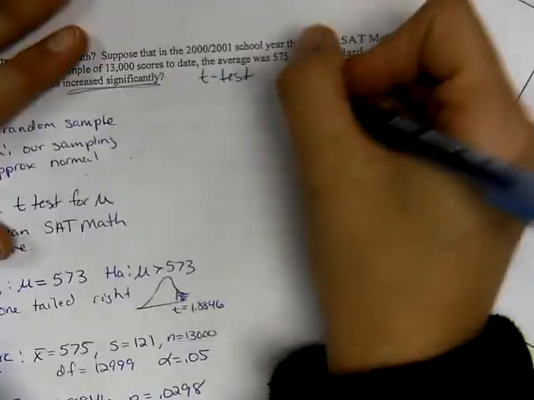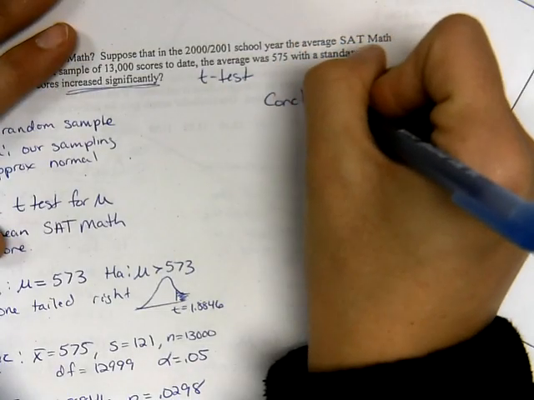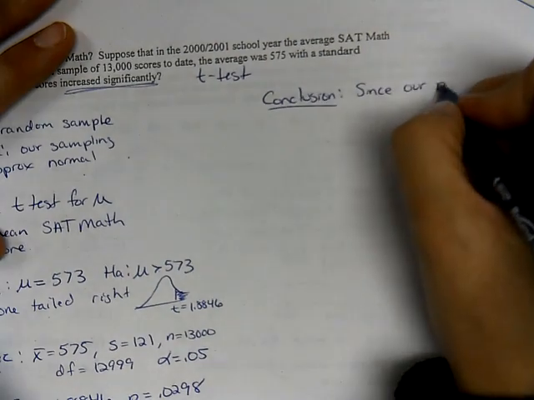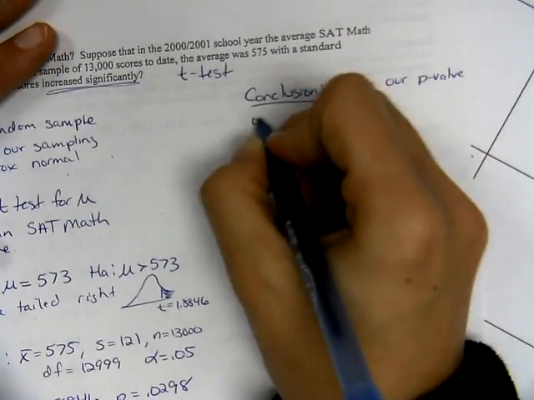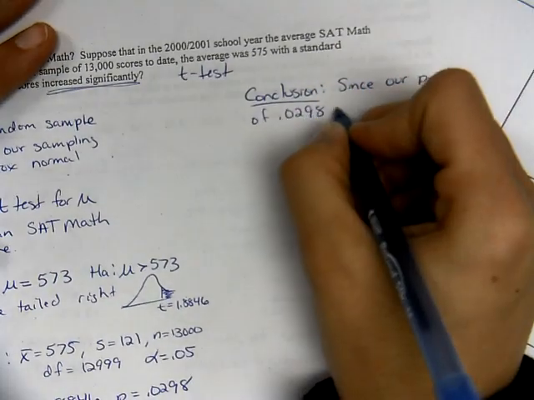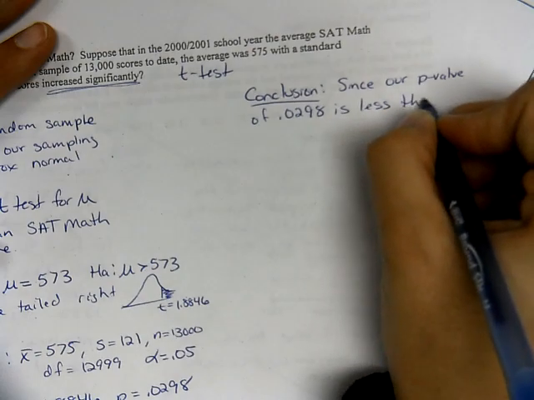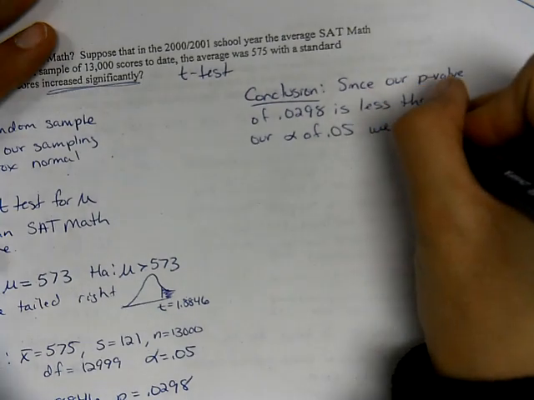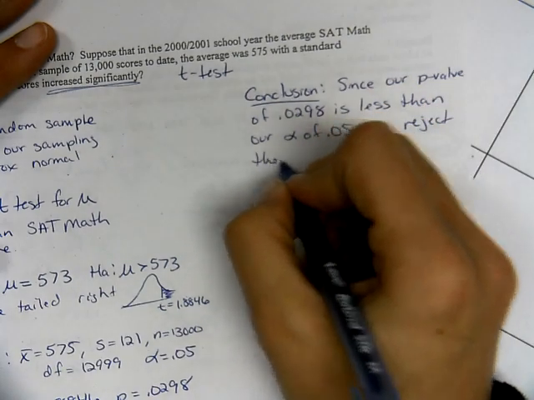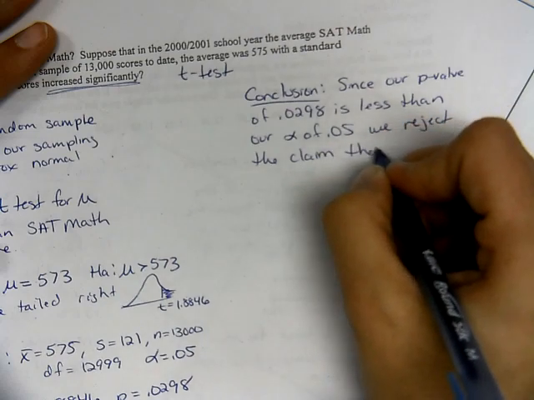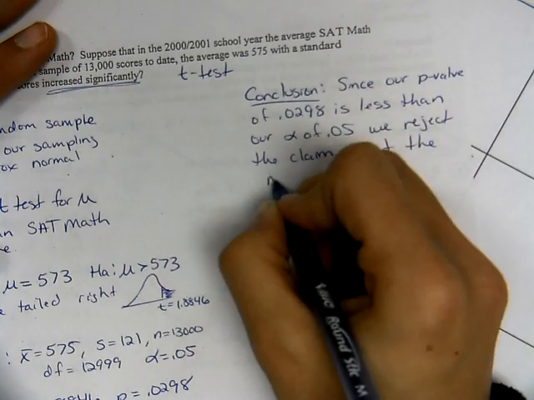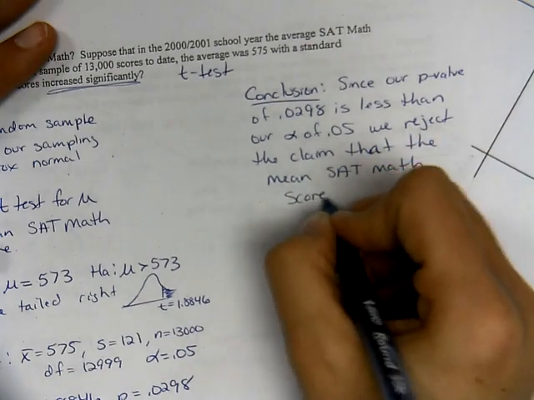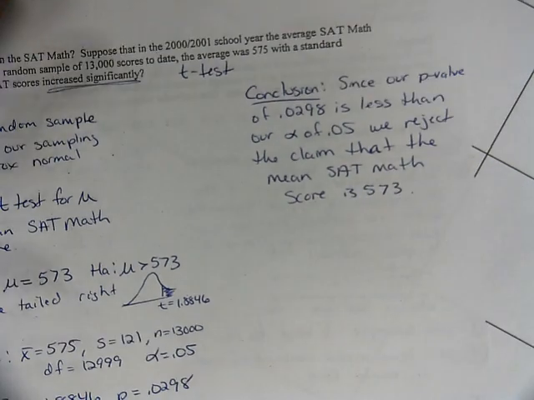Okay. So our conclusion. Since our p-value of 0.0298 is less than our alpha of 0.05, we reject the claim that the mean SAT math score is 573.